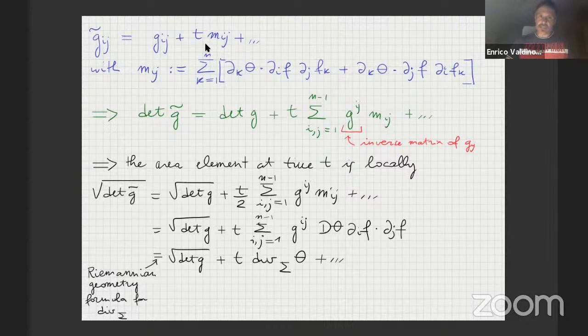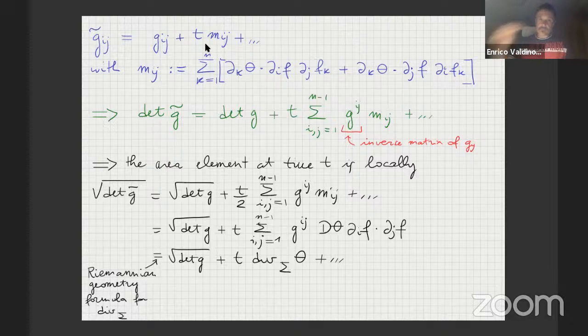Okay, so this is just linear algebra of the determinant of a perturbation. You can do it in several ways. I said how I would do it, but of course there are other ways to compute determinants. You may prefer to do it another way.